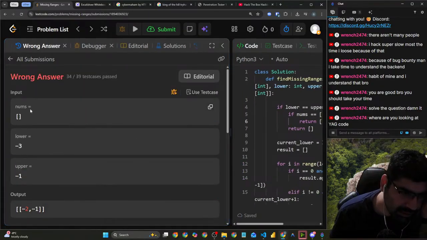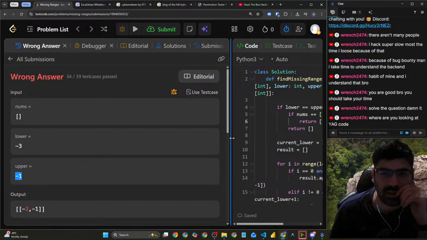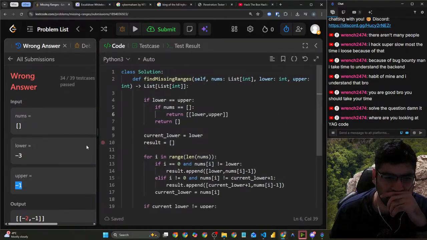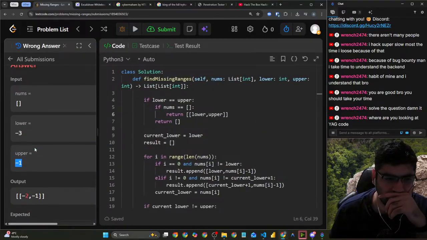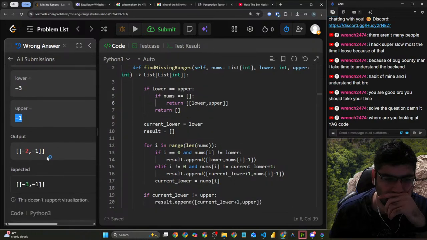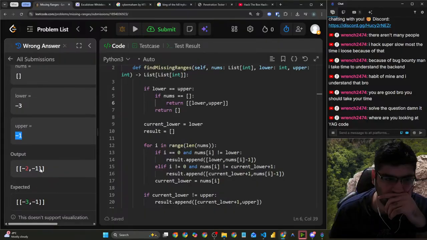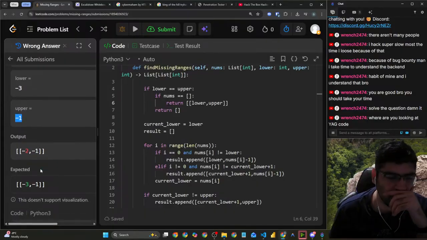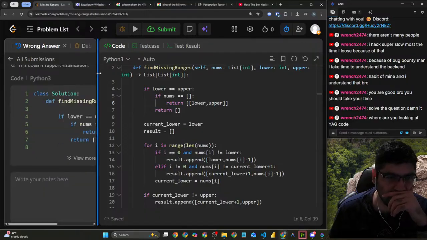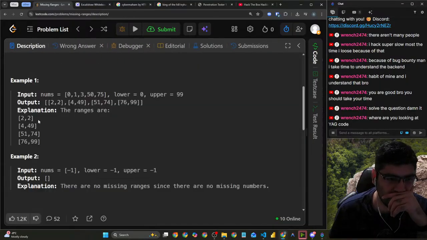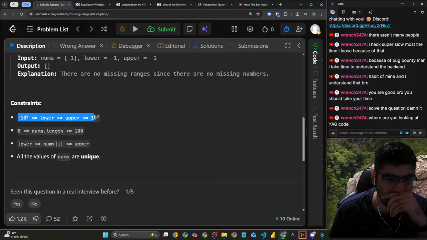Dude, these edge cases, nums is this, lower and upper. Oh, these are the negative cases they did. I thought the negative wouldn't be there. Oh, negative is there.